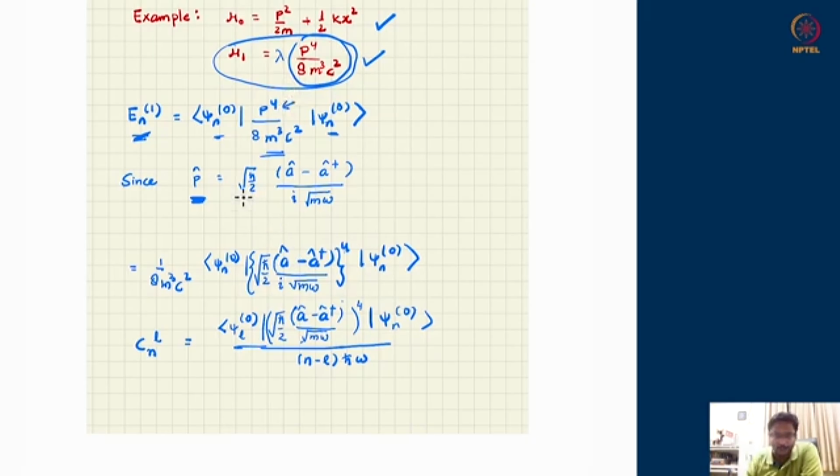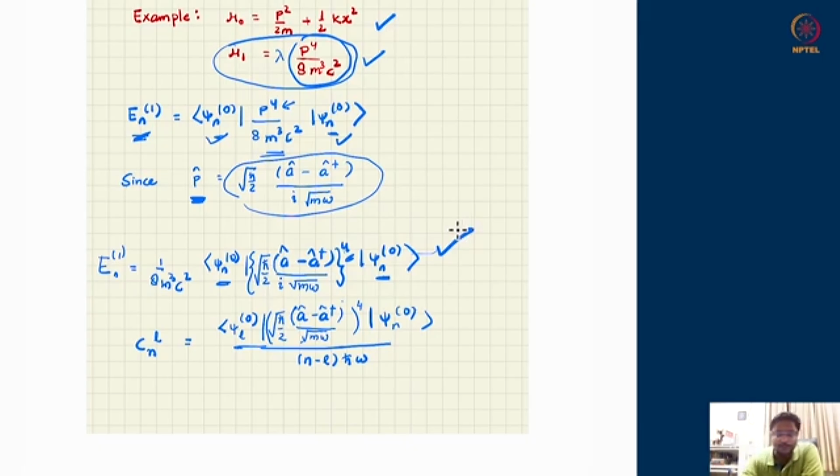So I will take the whole definition of P from here, take its fourth power and squeeze it between psi n0 from left and right. And that will give me the En1. So this computation is supposed to give me En1.